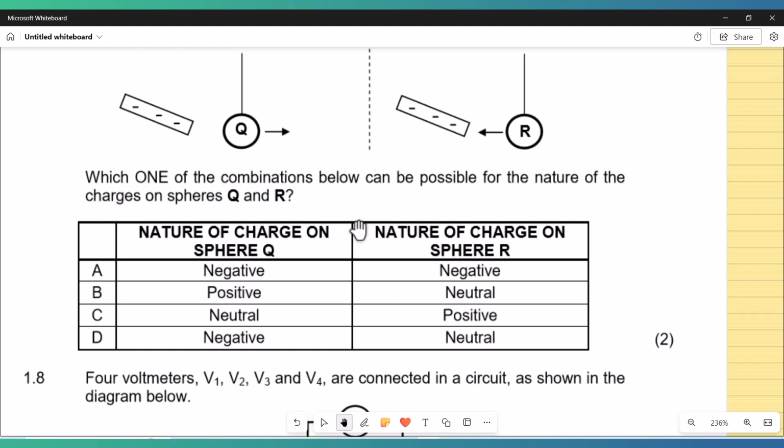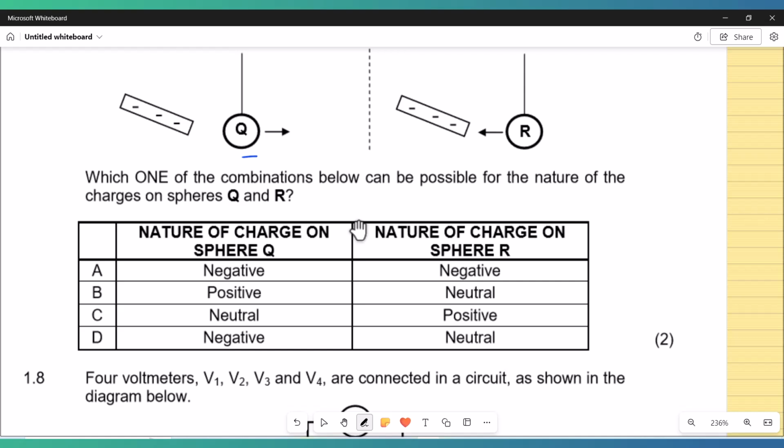Now we know from electrostatics that if this rod is negative and repels Q, it means our Q must be negative. Why? Because a negative repels a negative. Now this rod is negative. Our sphere R, we don't know yet, but it is being attracted.